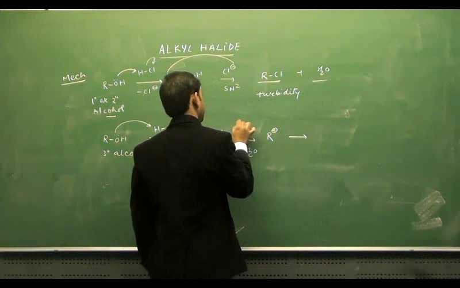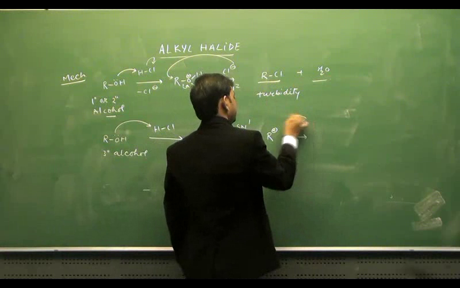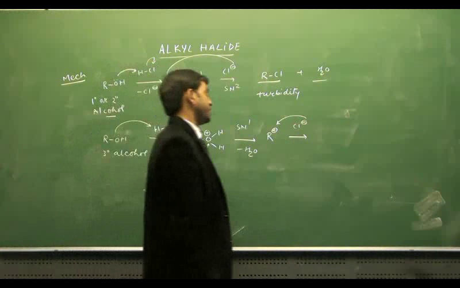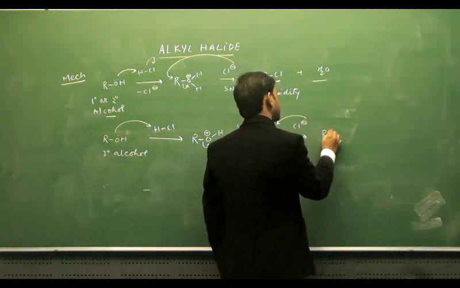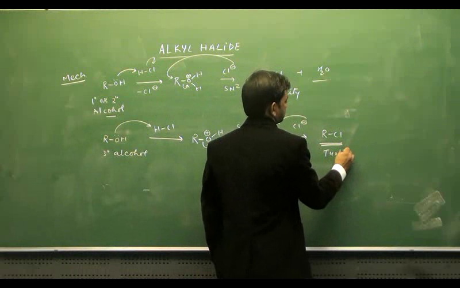Formation of carbocation is the RDS, this is SN1. And now Cl attacks. If there is any possibility for rearrangement, it undergoes rearrangement, and finally we obtain RCl and turbidity of this alkyl chloride.